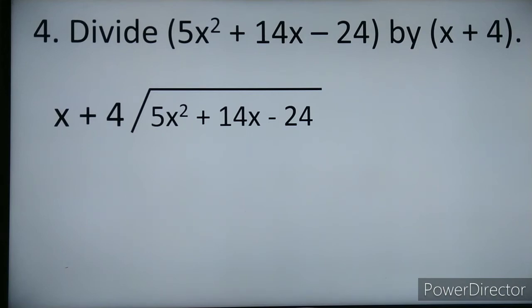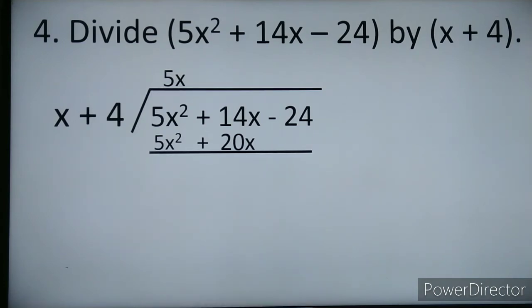Now, 5x squared divided by x, the answer is 5x. Then 5x times x is equal to 5x squared. And then 5x times 4, the answer is 20x.